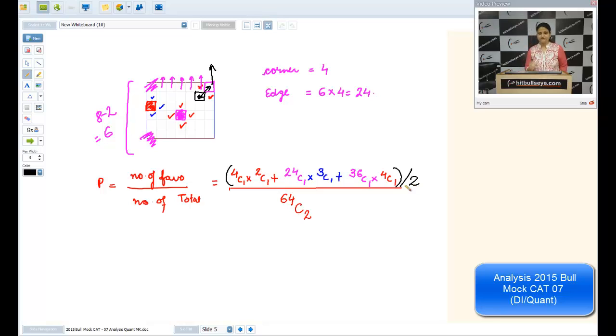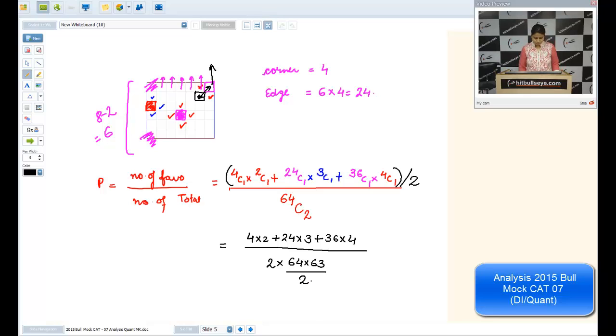That's why I am dividing the numerator by 2. So this is the answer in this case. Is it okay with you? So it will be 4 into 2 plus 24 into 3 plus 36 into 4, divided by 2 into 64C2, which gives 1 upon 18. 63 divided by 2. That is the answer.